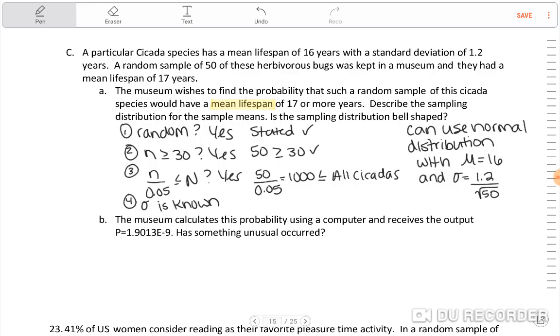And we can give this as a decimal, would be 0.169706. I'm going to just rewrite this. There we go.